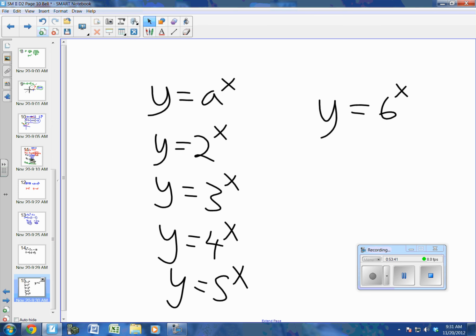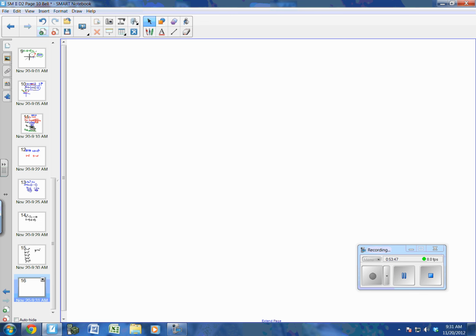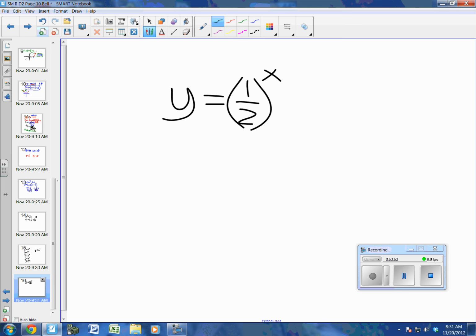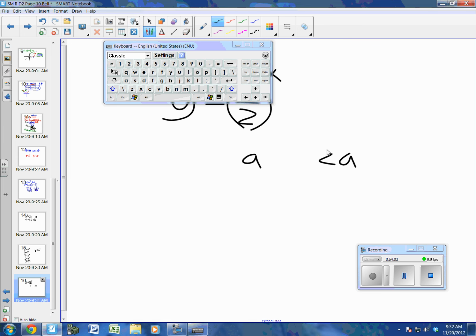Do you guys know what the difference is between exponential growth and exponential decay? What changes? Decay. Remember, if A is between 0 and 1, then it's exponential decay, okay?